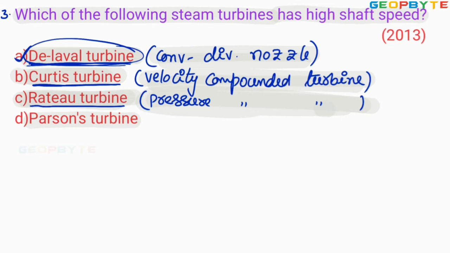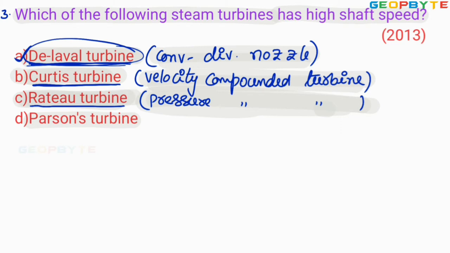At that very high speed, structural damage may be occurring due to centrifugal force. For minimizing the structural damage, we are going to expand the steam in more than one stage. That mechanism is called compounding.